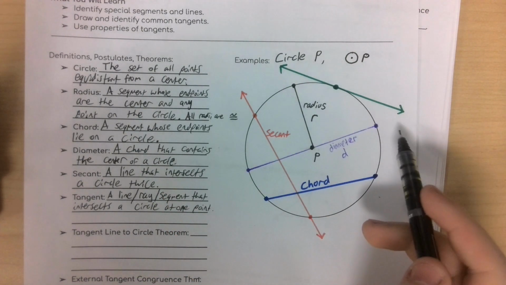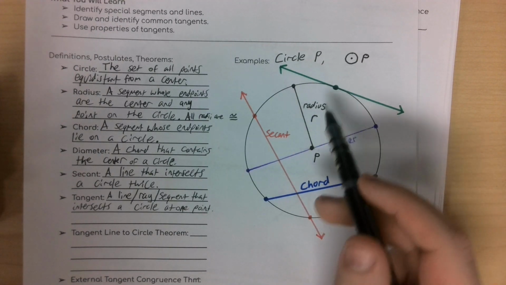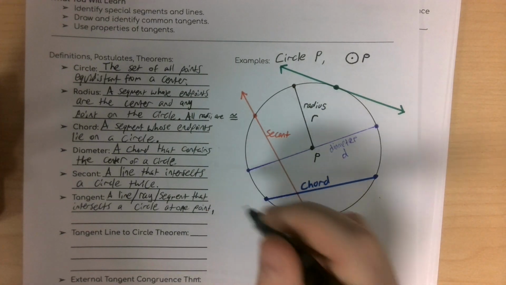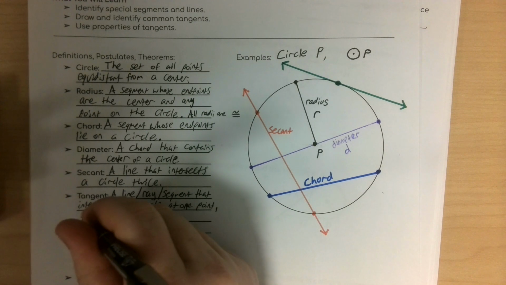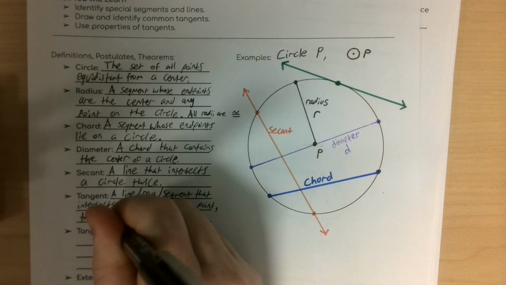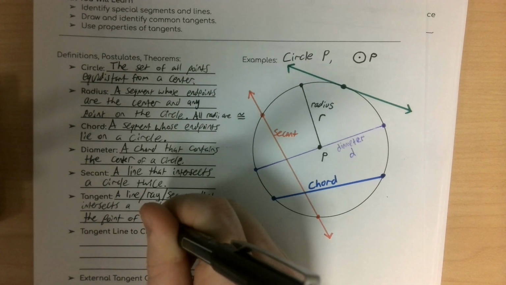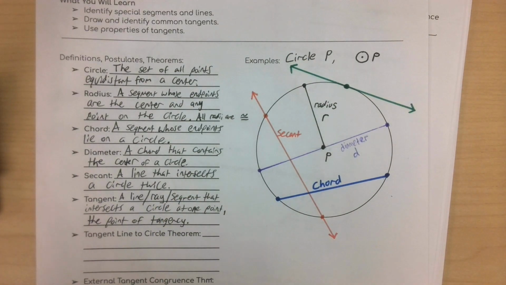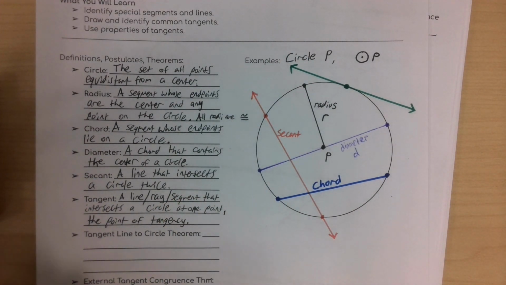So imagine this green line as just barely touching, barely even grazing our circle. That is what a tangent is. Now that one point is also called the point of tangency. So it intersects a circle at one point, the point of tangency.